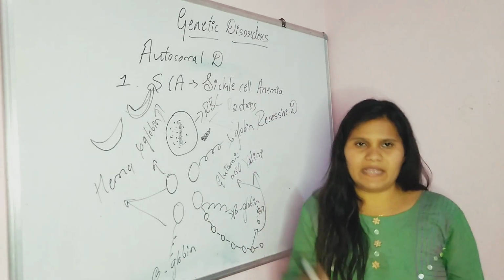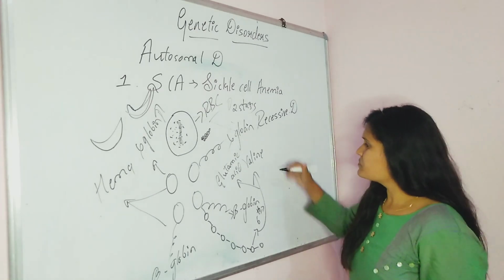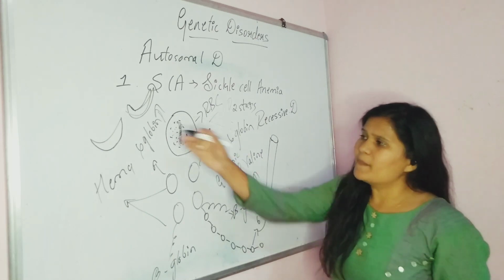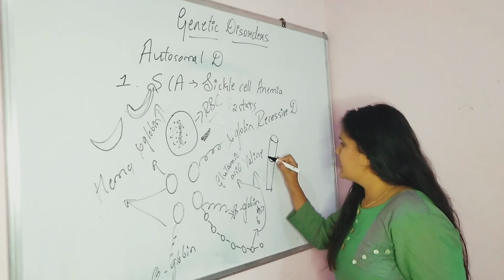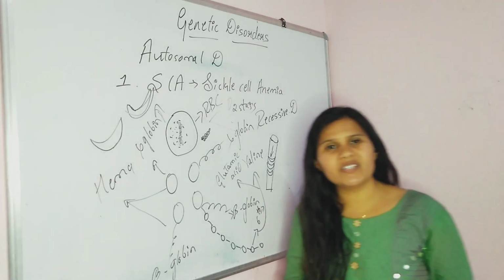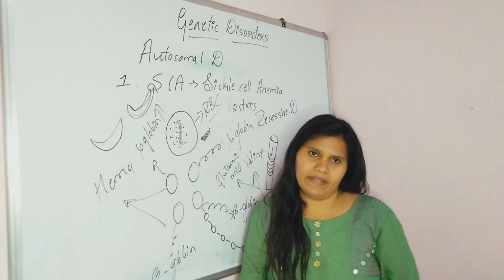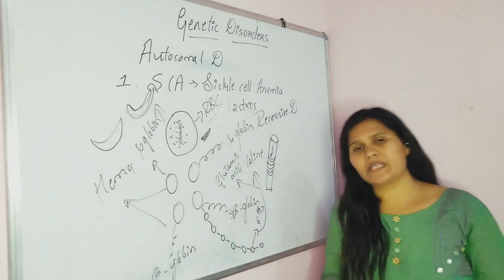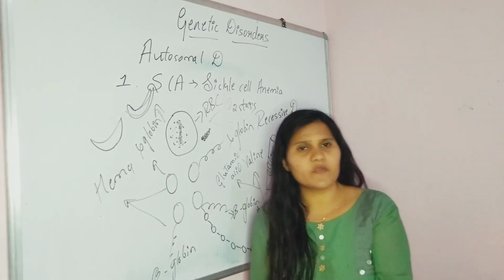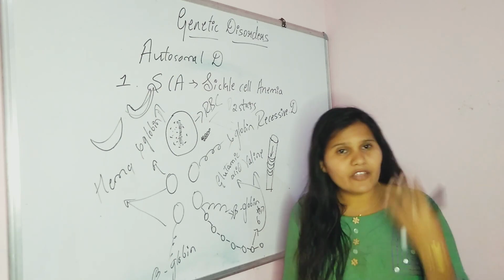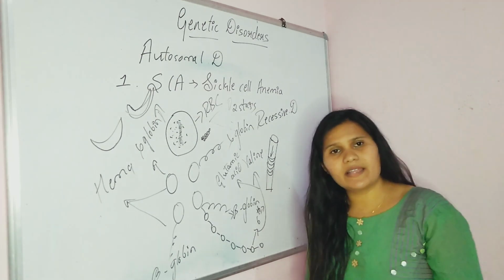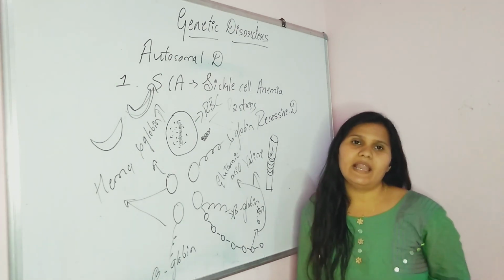In a blood vessel where the blood is flowing, these RBCs will gather and block the transport of the blood. So the affected individual can't live for a long duration. Is this clear? So this is about sickle cell anemia.